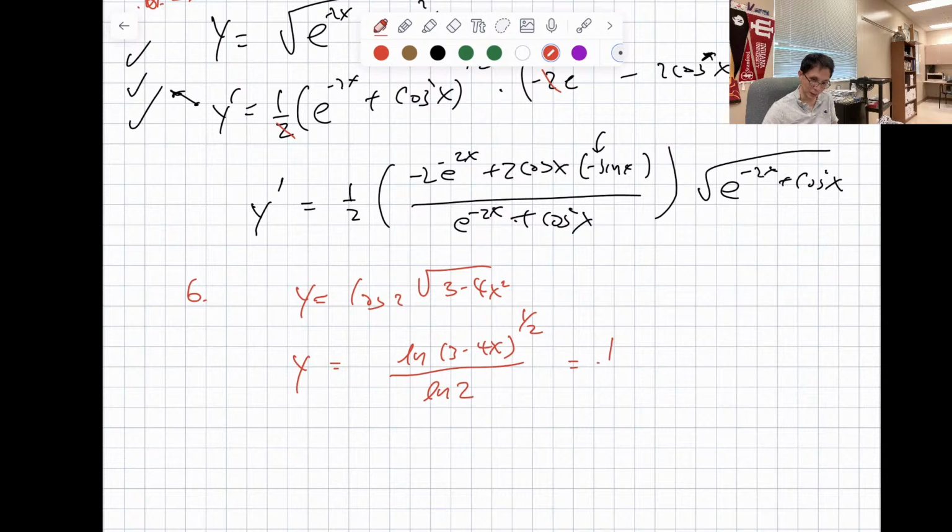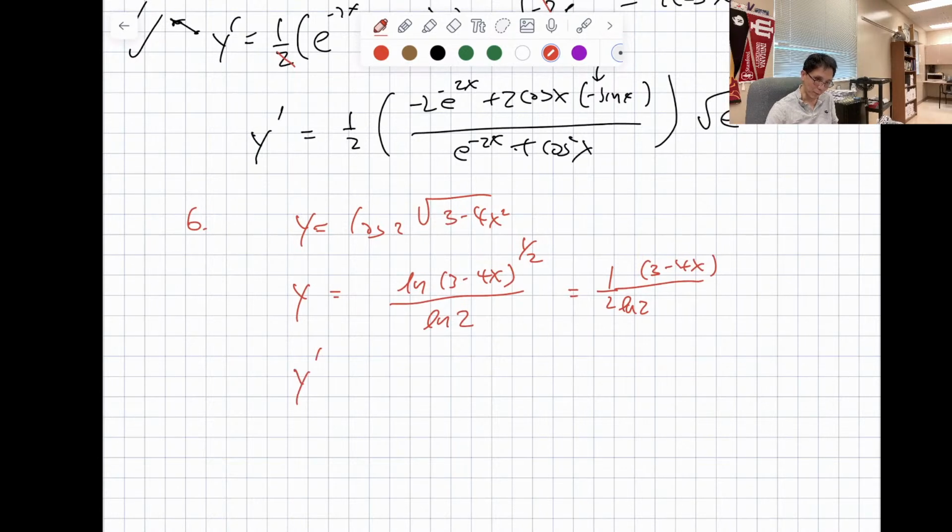So that's going to be 1/2 ln of 2 times 3 minus 4x to the first power. Now, I have y prime. That 2 ln 2 is a constant. There's a formula for this, but I purposely don't teach you because it is very annoying. So this one is going to be negative 4 over 3 minus 4x, and then you're done. u prime over u.